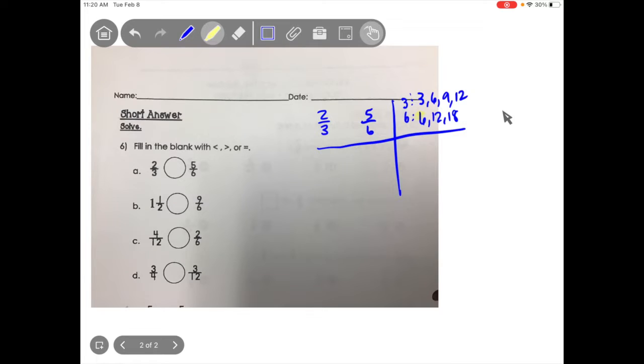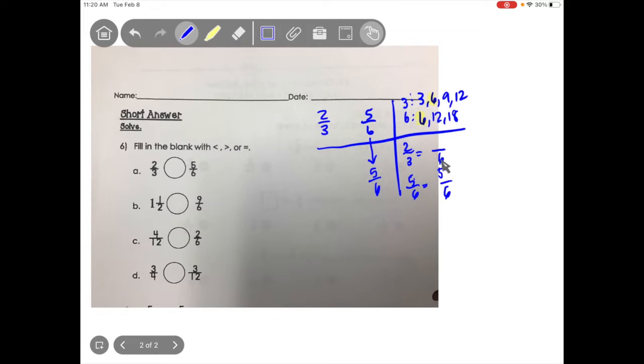And I see the lowest one they have in common is 6. So now I can make equivalent fractions with a denominator of 6, and it will be easy to compare those two fractions. I don't need to do much with 5/6 because it's already built in sixths. So 5/6 would just stay 5/6.